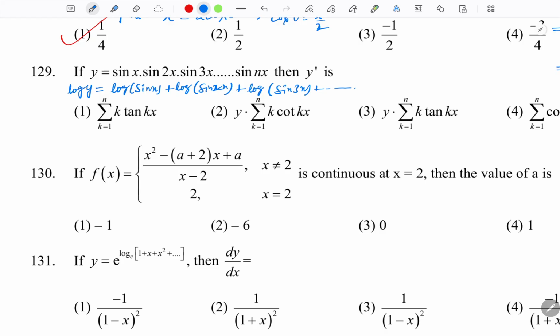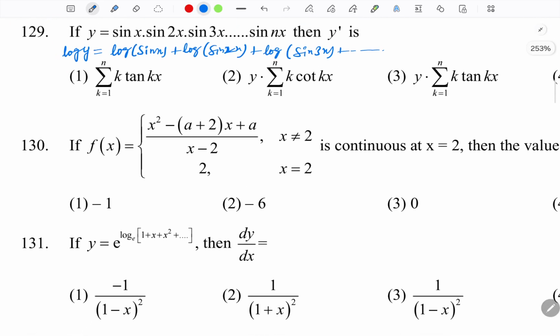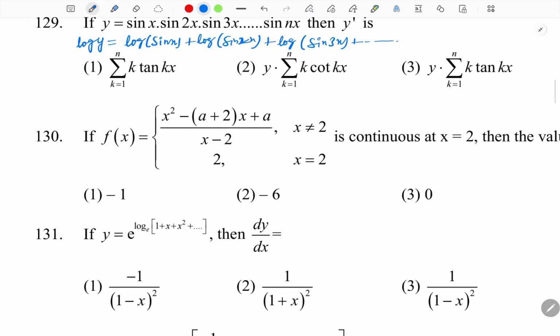If I differentiate with respect to x, what will we get here? Log y goes to 1 by y into y dash. So I am writing y dash, and y will come as a multiplier, right? Observe inside the derivatives. Derivative of log x is 1 by x.